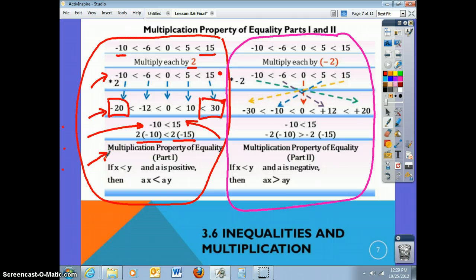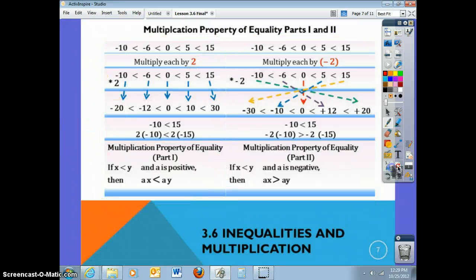It says if x is less than y, and I have a number a that's positive, and I multiply x and y by a, I still have a result that's less than this result. When I had -10 less than 15, and a was 2, a positive number, the result was still less than that result.